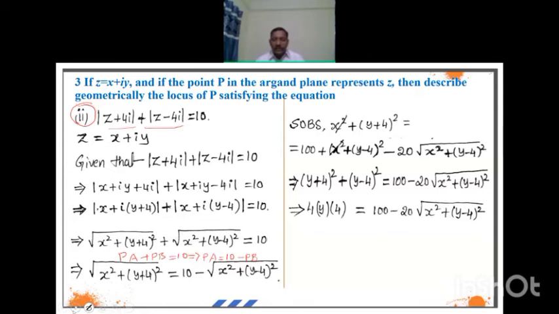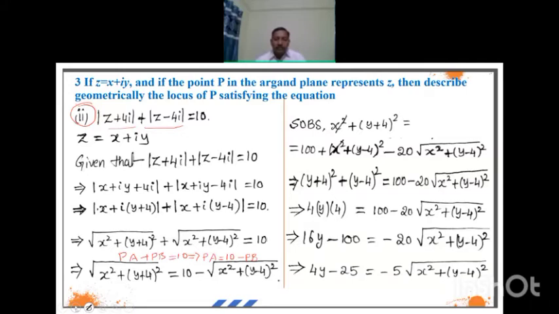Upon simplifying this, we can eliminate the square root so that we can find the locus of z. Squaring on both sides, as 4 is the common factor of all, we can cancel out 4 throughout, so that it will be 4y minus 25 is equal to minus 5 root x square plus y minus 4 whole square.